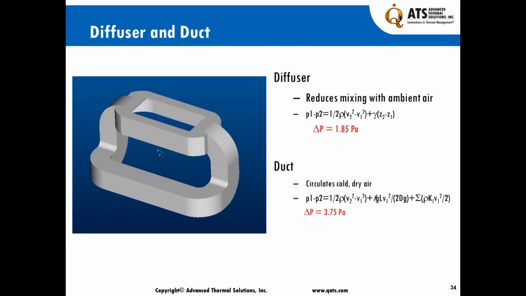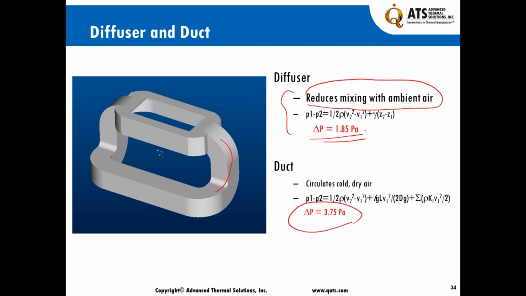So the diffuser had to be designed in such a fashion that it's going to meet the pressure requirement that we had for the fan, and also the duct, the whole system. The whole intent of this diffuser was to minimize any mixture of the ambient air with the system as much as possible. We do the pressure drop calculations: about 1.85 Pascal for the diffuser, and the ductwork that you see here that would carry the air back and forth had a pressure drop of about 3.75 Pascal.